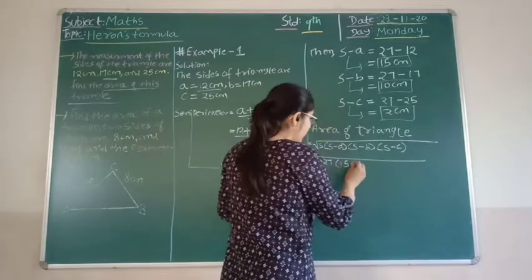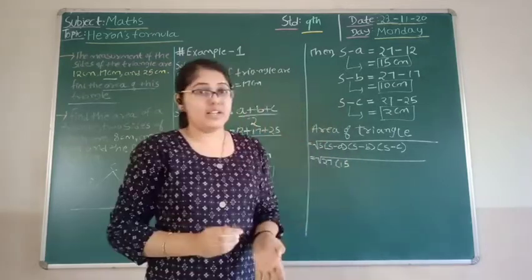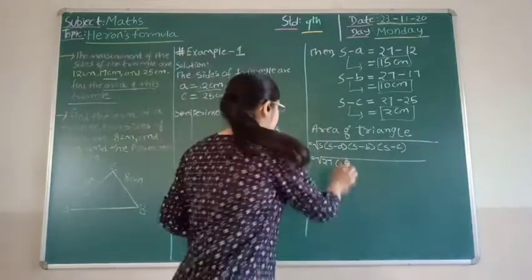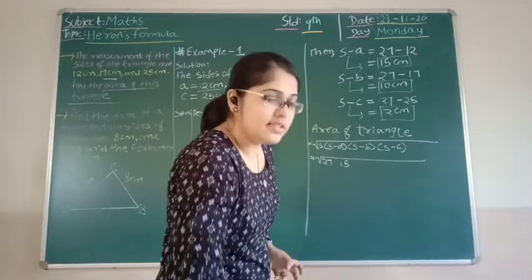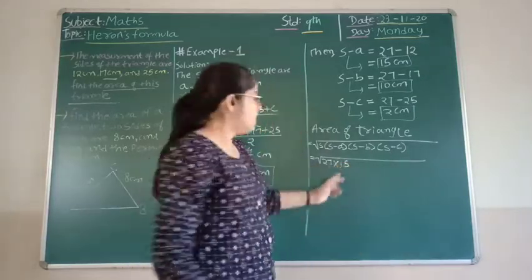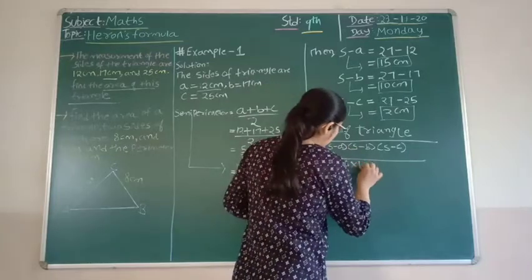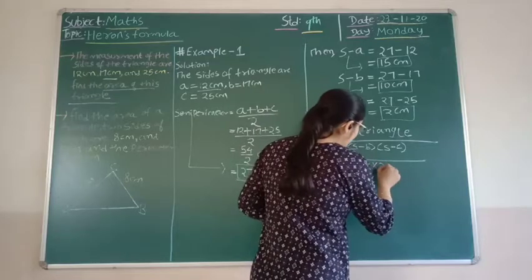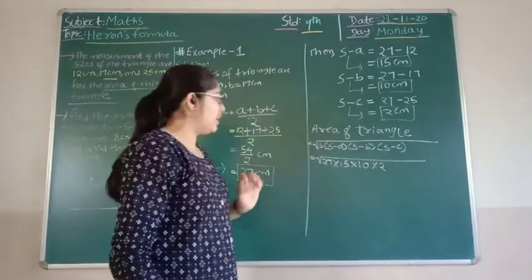Then I will write the value of S minus B. It is nothing but equal to 10. See, all of this is going to be multiplication, 27 into 15, similarly into 10, that is S minus B, and multiplied by 2, that is S minus C.